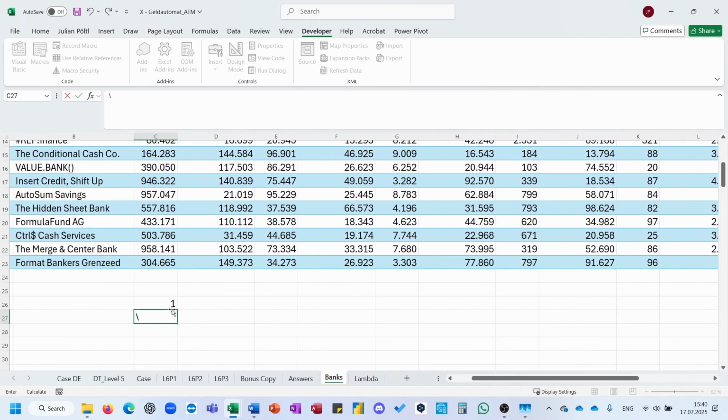And here we have the one result, but I want to see the table. Okay, we have a spill result.